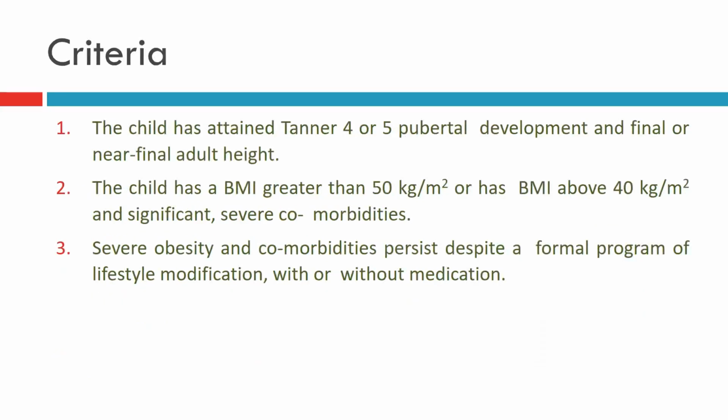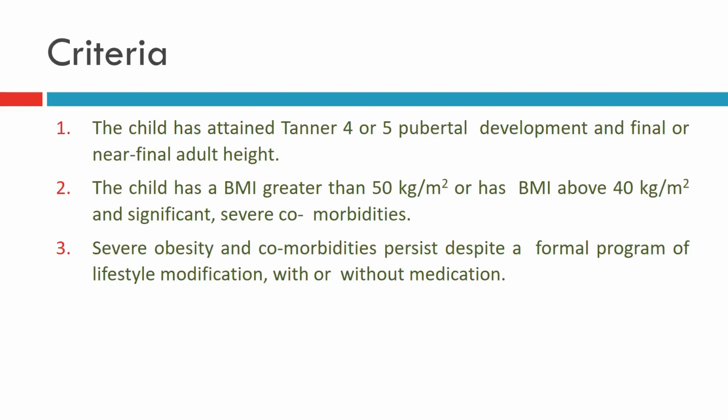There are some criteria for doing surgery. First, the child has attained Tanner stage 4 to 5 pubertal development and the final or near-final adult height. Second, the child has a BMI greater than 50 kg per meter square, or a BMI above 40 kg per meter square with significant or severe comorbidities.